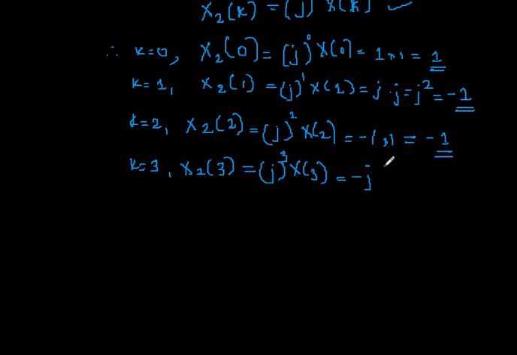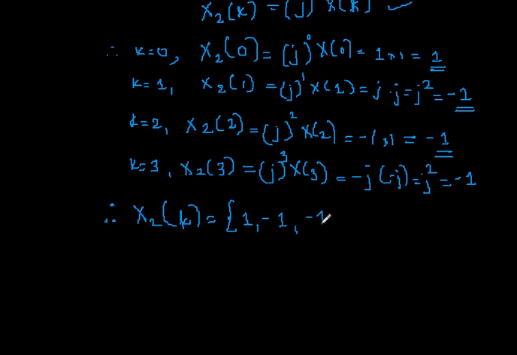So minus j into minus j is j square, which is minus 1. Ultimately I'll combine everything: the different samples are 1 as the first sample, the second is -1, the third is -1, and the fourth is also -1. So this is how I get the answer for x2 of k.